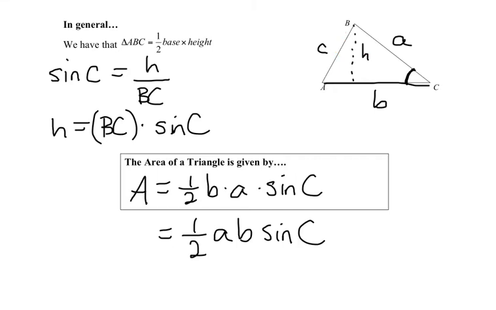In that case, I would have had c as one side, and then angle A as the angle between, and angle B as the hypotenuse for that right triangle. So I could have had half cb sine A. So we just have to have all three letters represented, and the angle always has to be between the two sides that we know the values for.